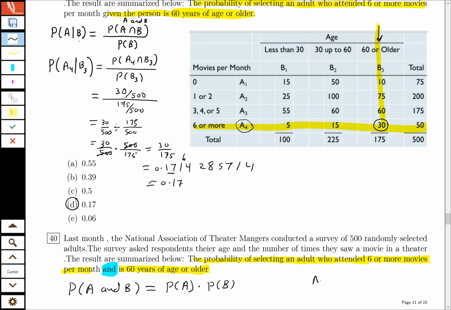When he uses and, it means multiplication rule. But if he used between the two events or, that is addition rule. So multiplication rule is and, or means addition rule.